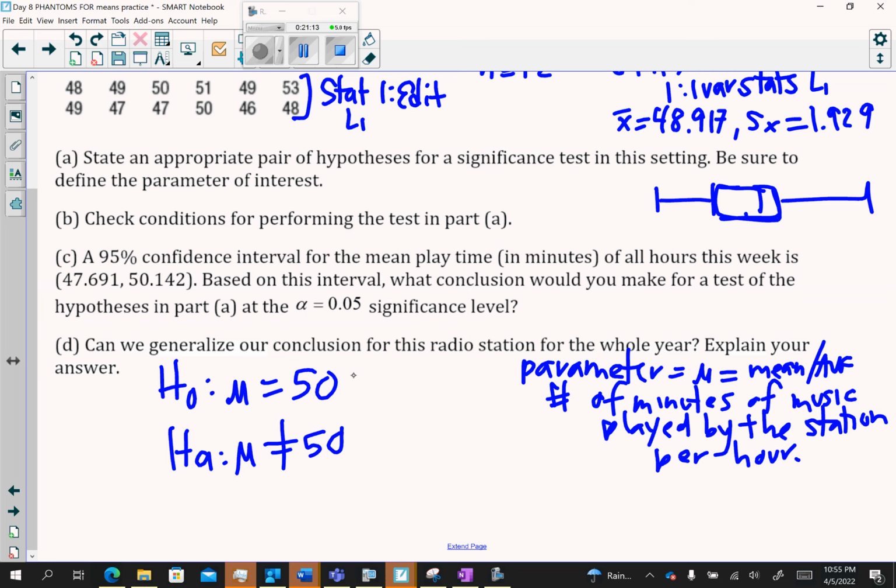All right, so now we're going to check our conditions. Condition 1, assumptions. Is it an SRS? It stated that it was a random selection of hours from the radio station. That's good. 10 percent condition: what was the sample size? 12.